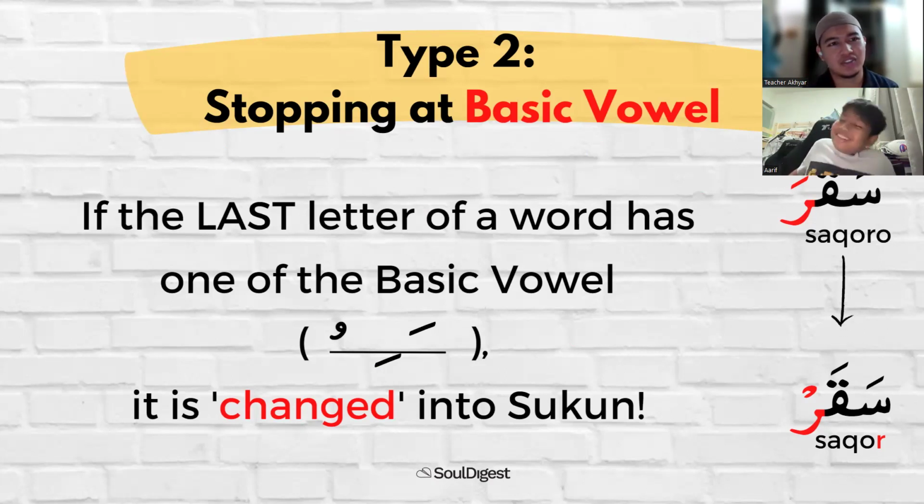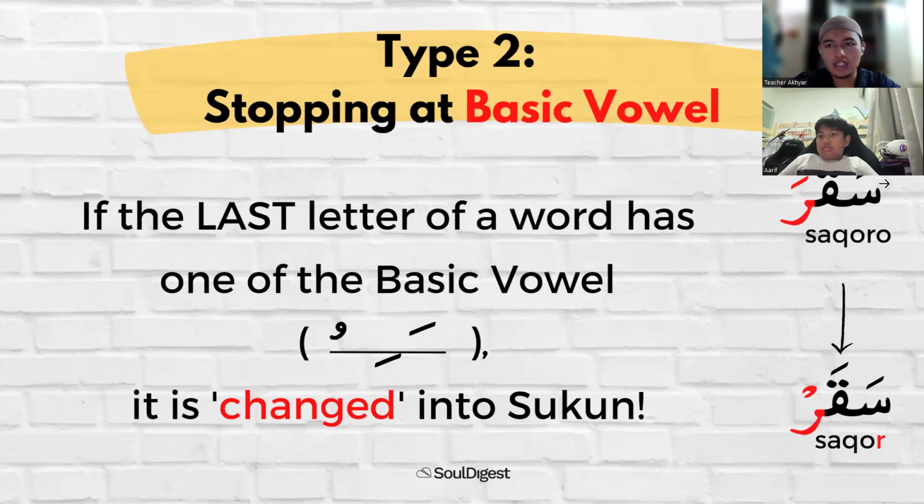So far you have learned only the upper vowel, right? These are the symbols for the vowels, the upper, the lower, and the middle.